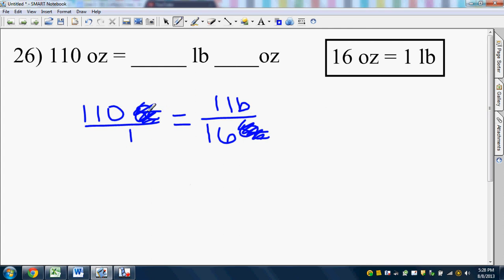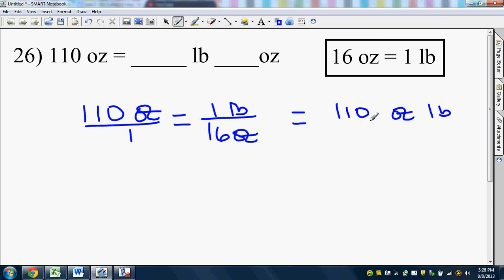And let me explain really quick the reason why. If we actually multiplied all of this across, let me scratch this out. Oops. Let me say 16 ounces equals 1 pound. Okay, if I actually multiply all of this across, 110 times 1 is 110, and then I have ounces and then pound, which just looks funny, but you'll see what I mean in a second.